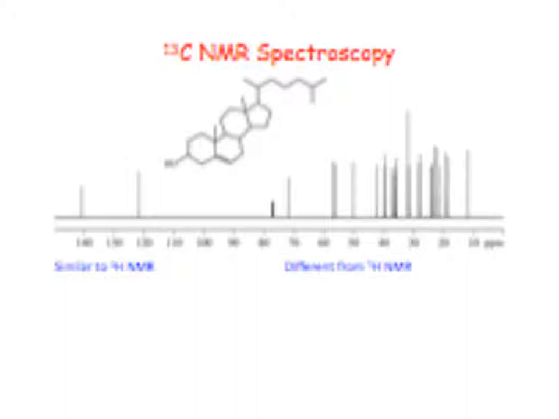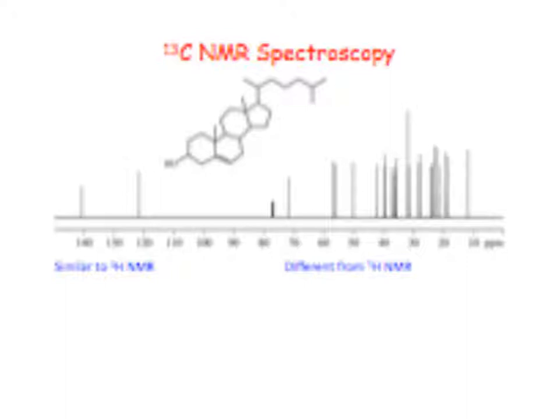So here is a C13 NMR spectrum. This is just cholesterol. Let's look at the spectrum first and highlight what is similar to a proton NMR and what is different.